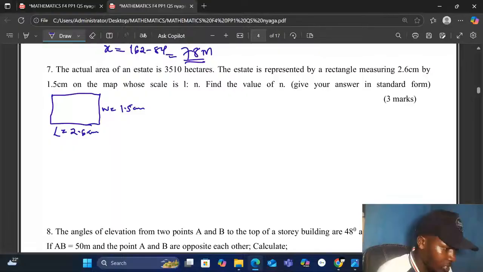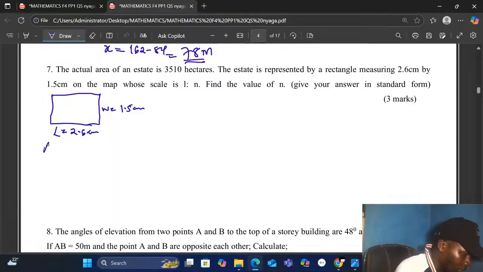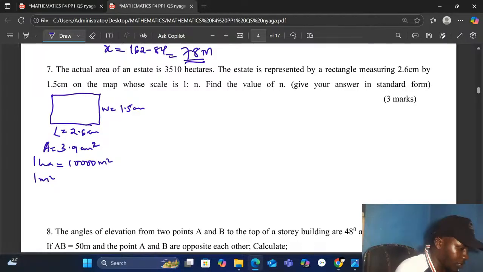And now the map area is 3.9 square centimeters. And we know that 1 hectare is equal to 10,000 square meters, one hectare is equal to 10,000 square meters.